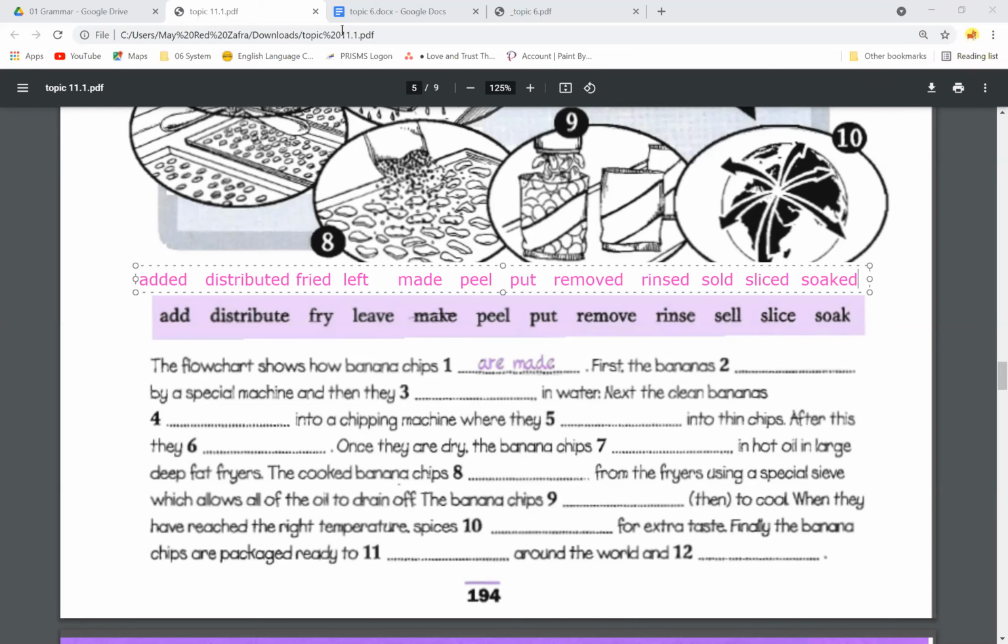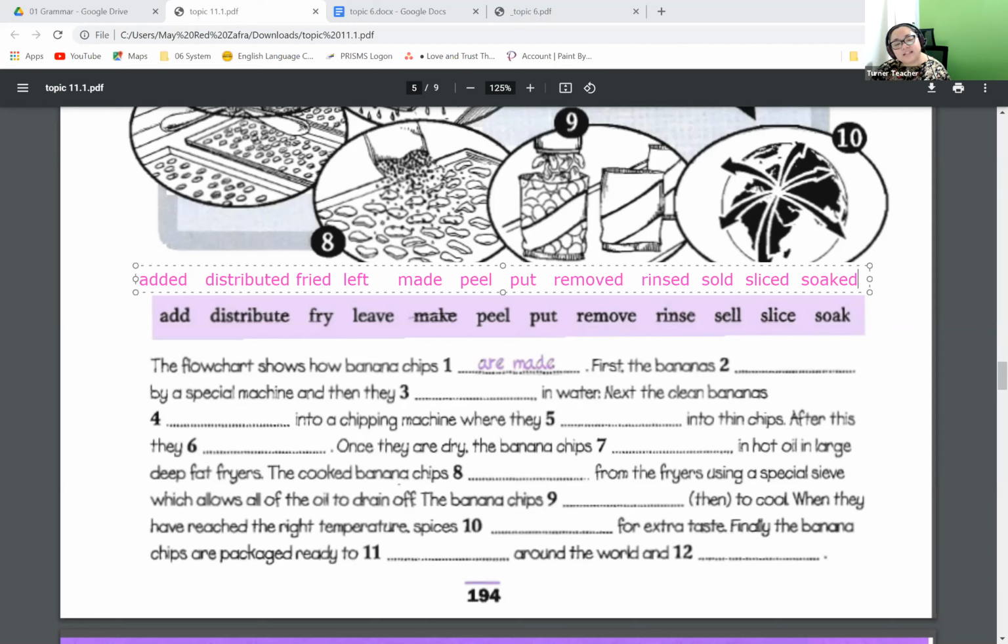Next, the clean bananas dash into a chipping machine where they blank into thin chips.